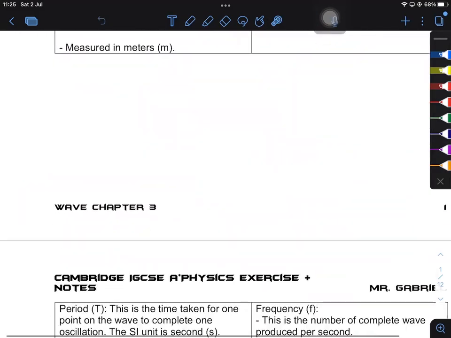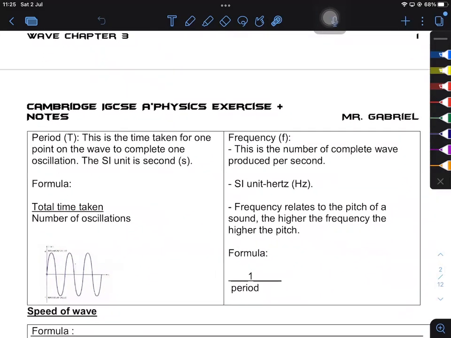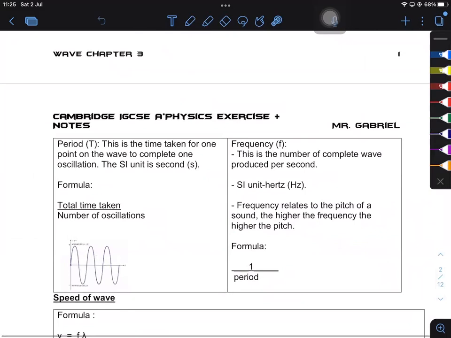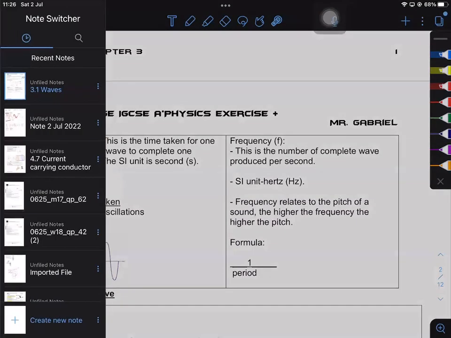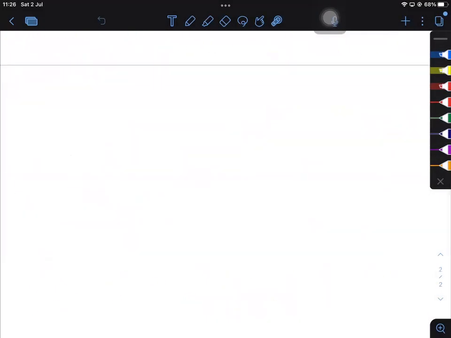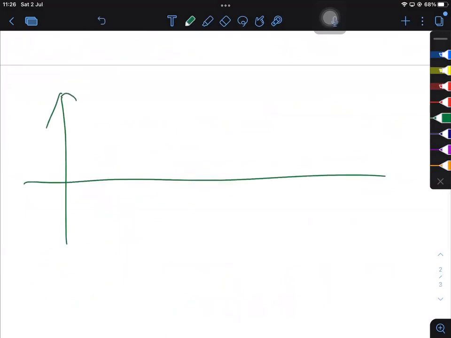Okay. Then this part here is important. This is basically talking about the period and also the frequency of the wave. Now, guys, by definition, period is measured in time. This time is basically how long it takes for one full cycle. So let's imagine I have a wave that looks something like this. I have a graph that tells me something like this.